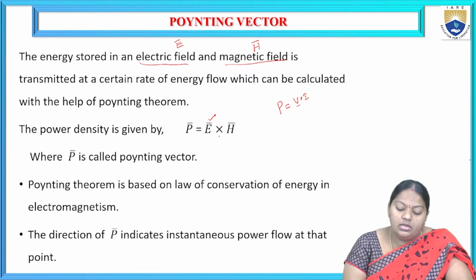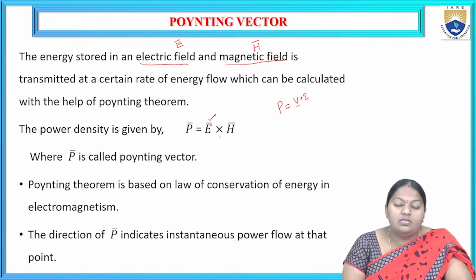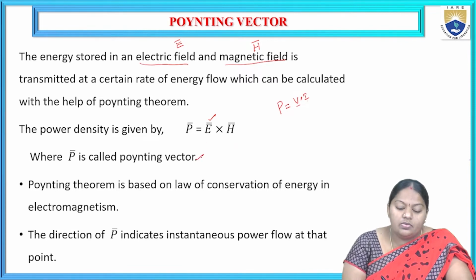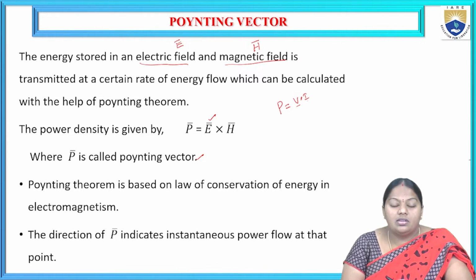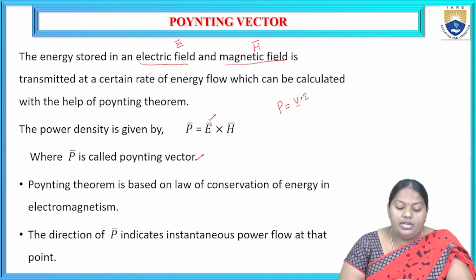This is not the dot product, it is the cross product, the rotation of a vector, that we consider here. So P bar, the power density, in field theory is given by P bar equal to E bar cross H bar, where P bar is called the Poynting vector. Vector notation we represent with a letter followed by an over bar. So P bar equal to E bar cross H bar is said to be the Poynting vector.